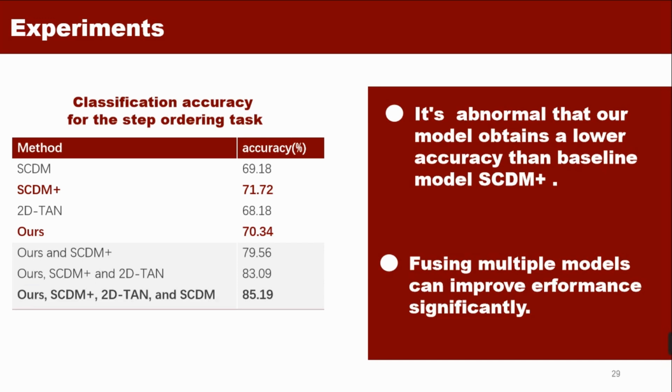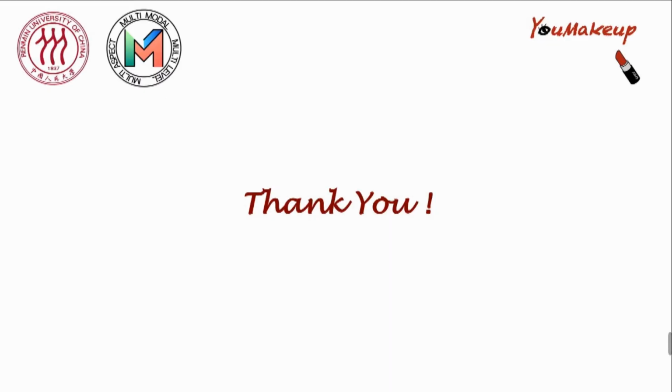Besides, fusing multiple models can improve performance significantly. The fusing method is to compute the sum of multiple models' distance and select the candidate with the shortest distance. The result shows that by combining 4 models, SCDM, SCDM+, 2D TAN, their model can achieve 85.19% classification accuracy. Thank you.